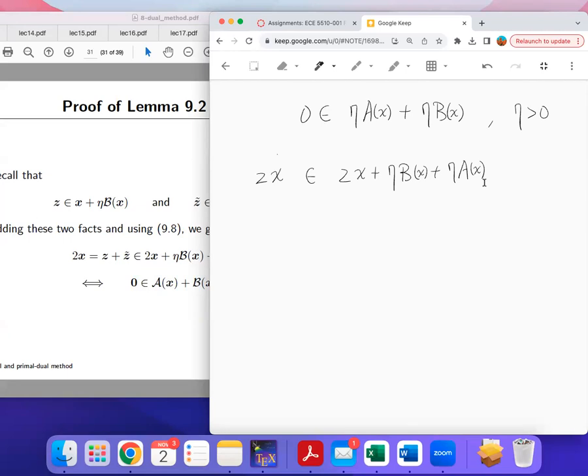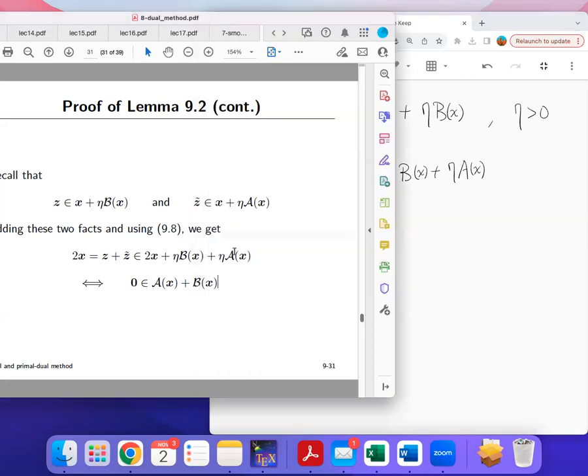And why do I want to introduce 2x? Because now we have two operators. I want to add one x to each of them. That x serves as the identity operator. So we need to introduce two identities here. That's why I add 2x, and that's why we have this line.